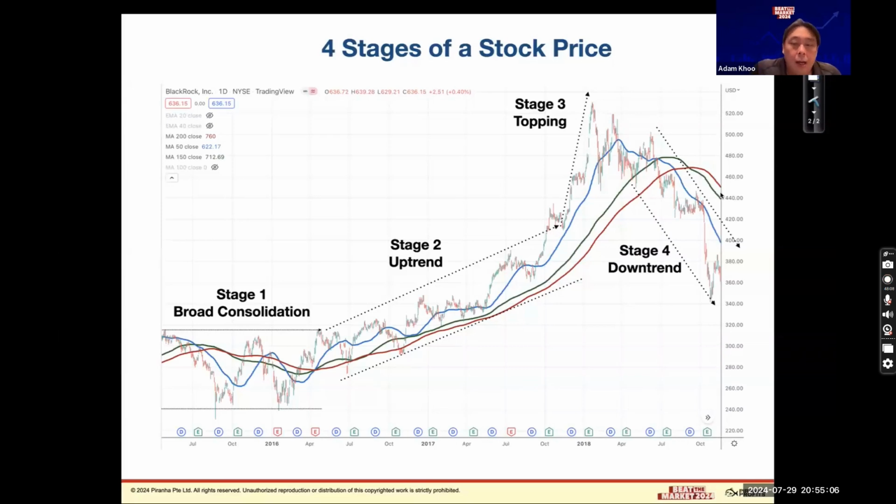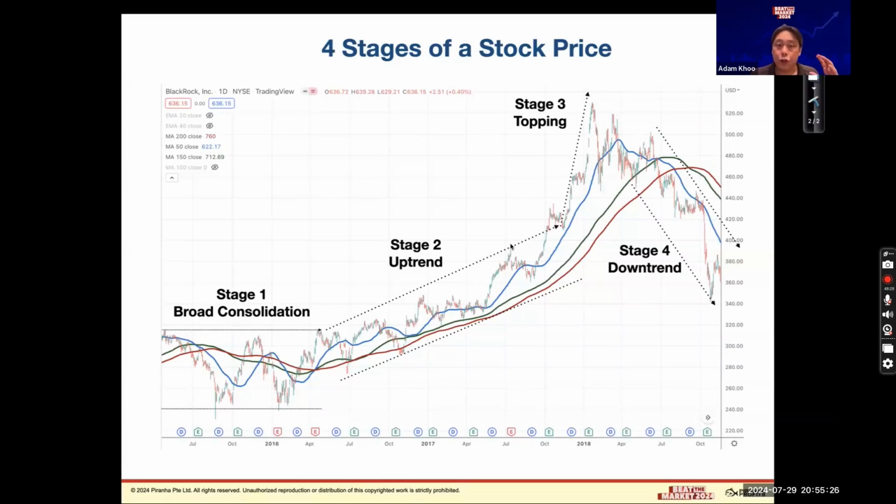Now, a common question people ask is, does it always go through stage 1, 2, 3, 4? The answer is no. It doesn't always go through the stages in sequence. A stage 2 doesn't always lead to a stage 3.